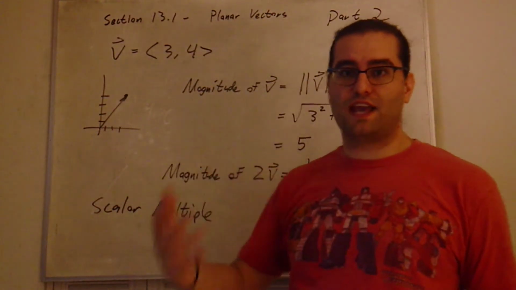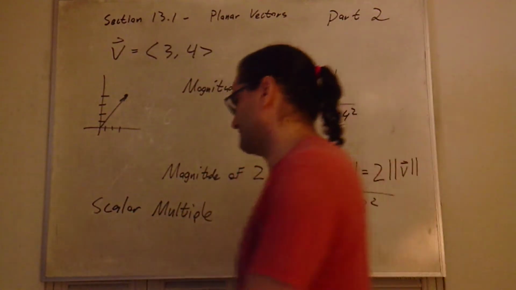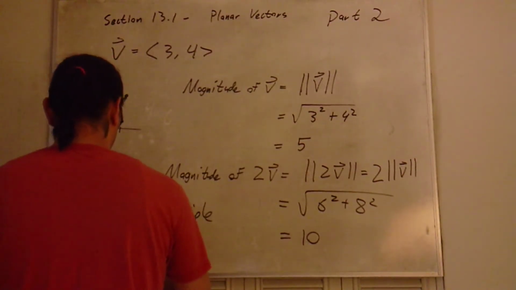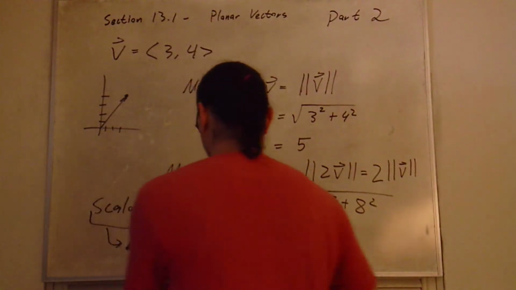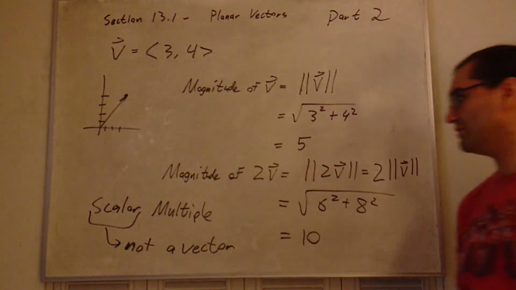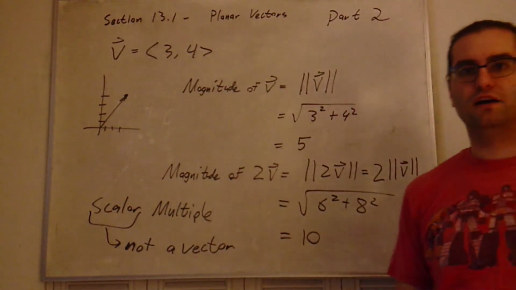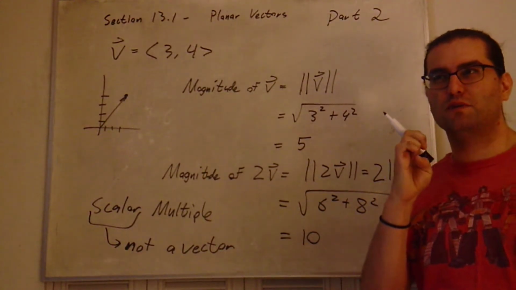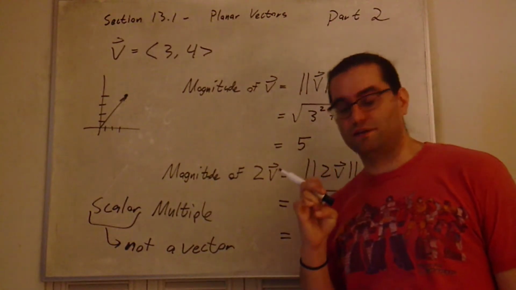And the word scalar means literally anything that's not a vector. So this 2 is a scalar. If we multiply something by 8, that would be a scalar. And mostly they're going to be used as multiples, but they're all called scalars.